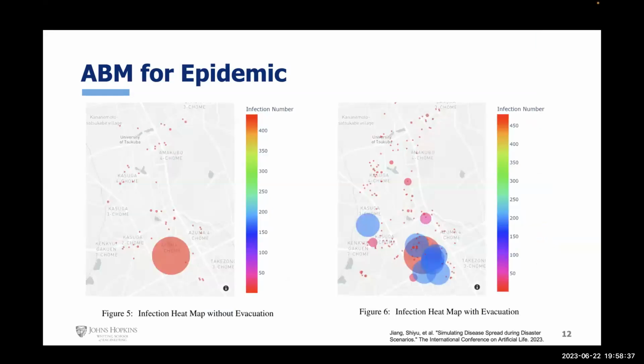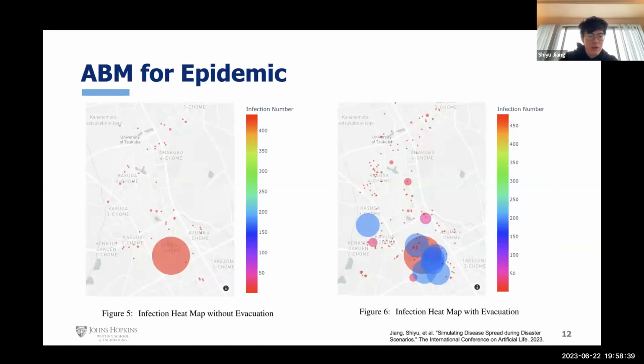Okay, and here we have the geographical visualization rendered using the OpenStreetMap geographical information. These two figures show the evacuation and no-evacuation scenarios. We can obviously see some blue points and several more small red points.